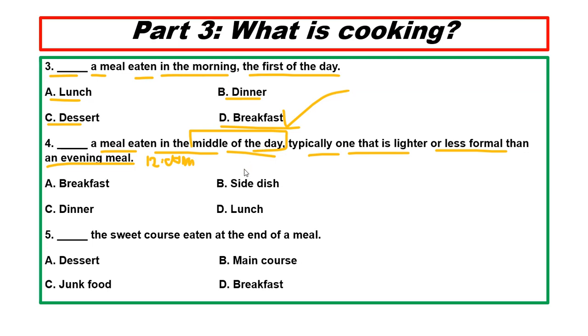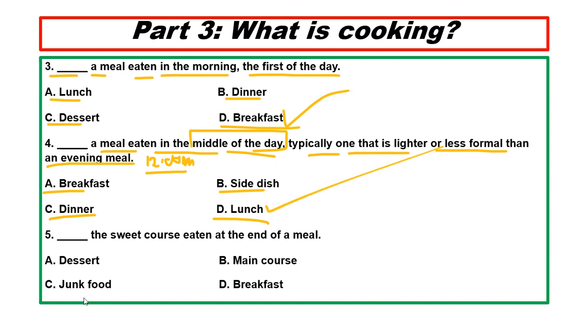So when the bell rings for your break time, how do you call that one when you're eating around this time? A, breakfast. Letter B, side dish. Letter C, dinner. Or letter D, lunch. It is a lunch. Very good.